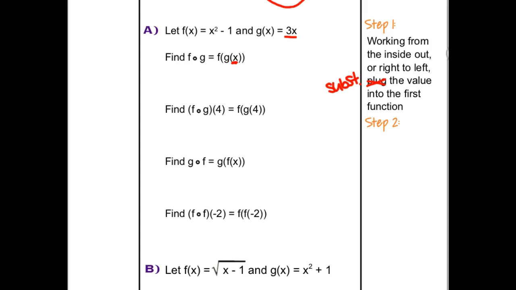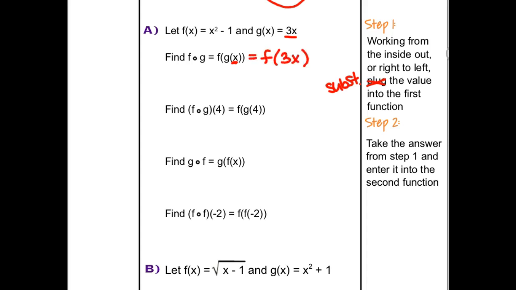So then we can right away go to the next step, because that first step really focuses on the next type of problem. We take that answer from step 1, which is 3x, which means we're going to find f of 3x, and put it into the second function. Everywhere there's this beautiful little x, we replace it with g of x.